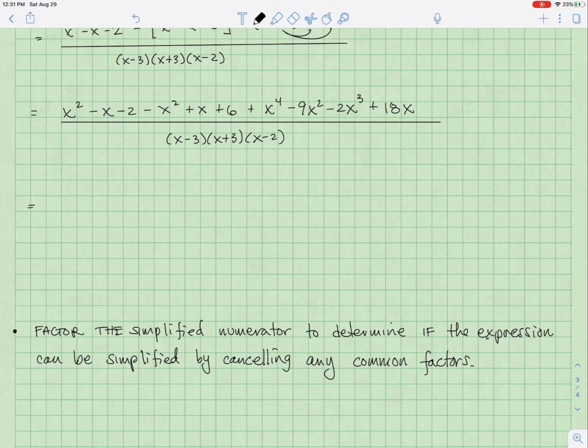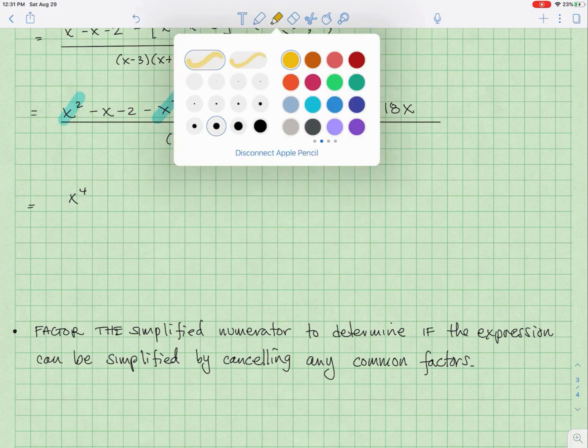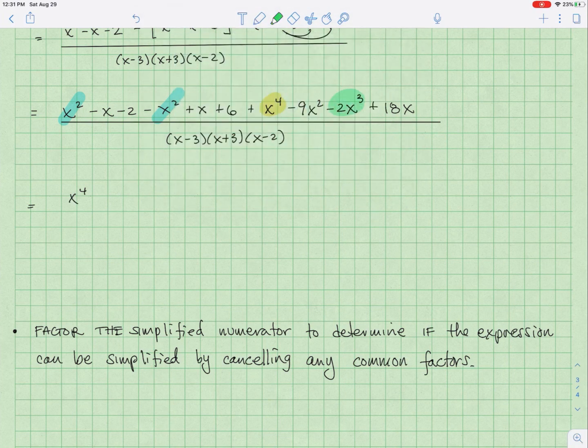which is equal to, now we're going to collect like terms here. It looks like these x squareds are going to cancel, and anything else going to cancel? Well, we'll get there. Let's see. I have one fourth power term, so I have an x to the 4th. I have one cubic term, negative 2x cubed. I'm on to my squares now.